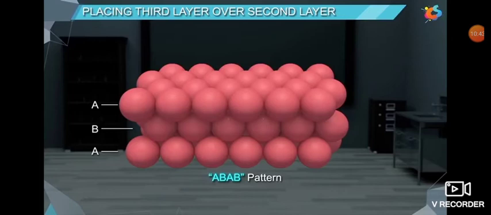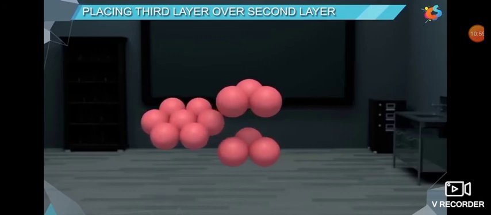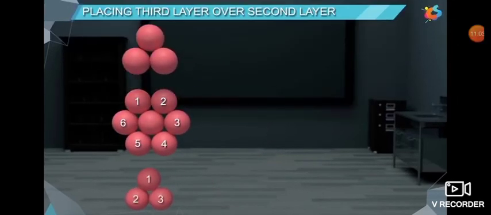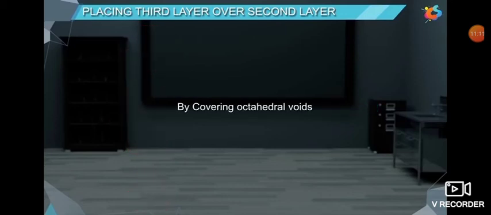So remember, in the hexagonal close packing, the third layer is kept above the tetrahedral void of the second layer. The tetrahedral void is formed by three spheres of the second layer and one sphere of the first layer. Here each sphere is in contact with 12 other spheres, so its coordination number is 12: 6 on the same layer, 3 above and 3 below. So this is the coordination number of the HCP pattern.